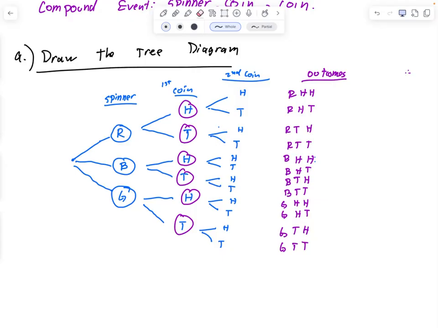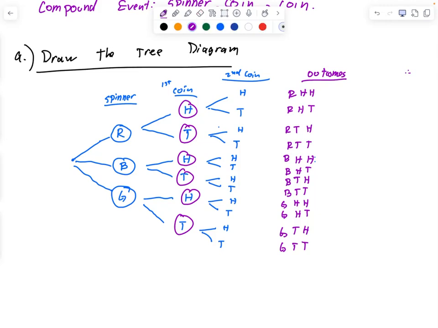Correct. So the probabilities are not 1 out of 12 for each of these, because these weren't equally likely. The coin wasn't equally likely on its outcomes. The spinner was not equally likely on its outcomes. So the final outcomes are not 1 over 12, 1 over 12, 1 over 12. We got to be careful on that. So what are the final outcomes then? We're going to take it one more step.